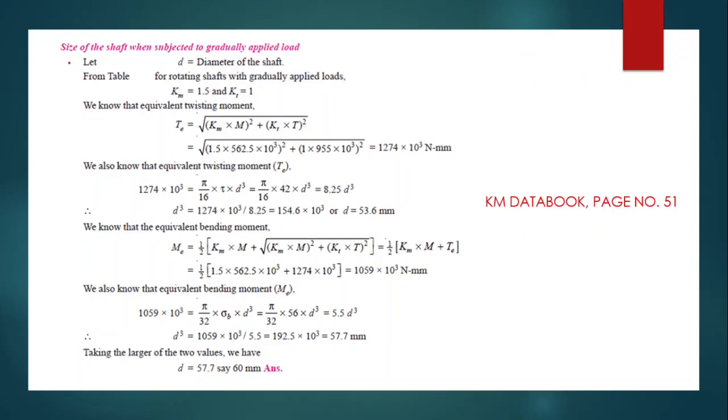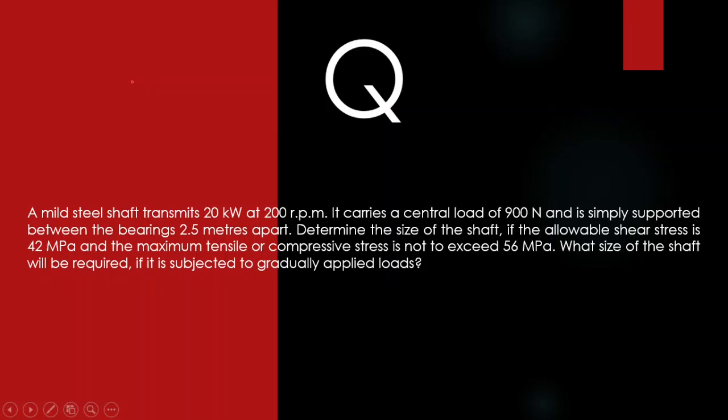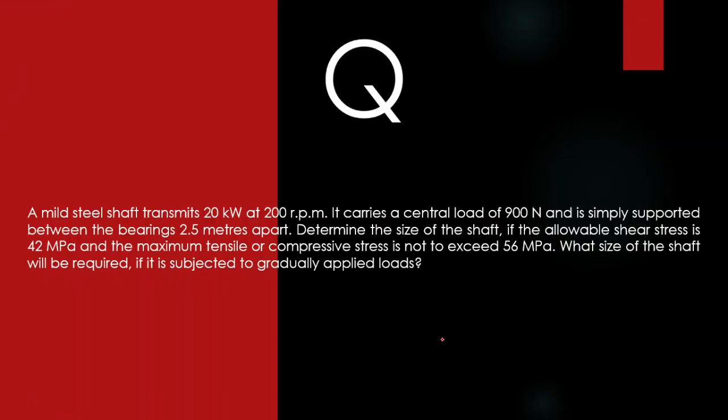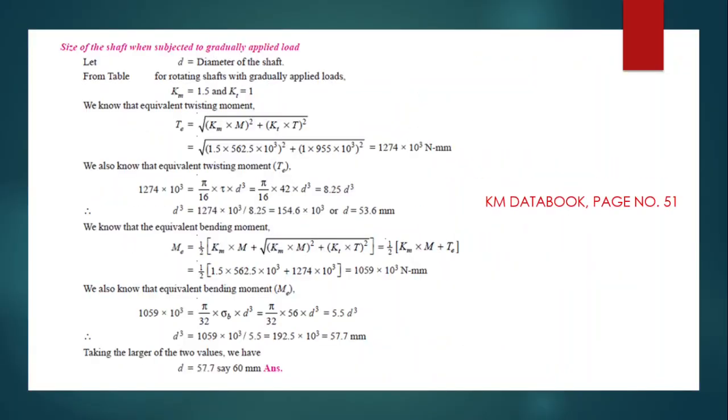Then the size of the shaft when subjected to gradually applied load. Here again D is equal to the diameter of the shaft, and from the table we have already discussed, the table is at the data book page number 56 and table number 3.1. From that table we have Km is equal to 1.5 and Kt is equal to 1 for rotating shafts with gradually applied loads.